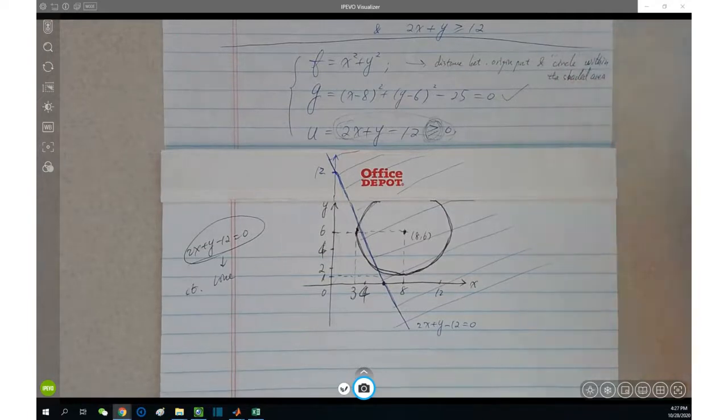Right? Does it make sense? This is the description of the objective function, right? We're trying to look for the minimum distance of it. Does it make some sense? Any questions?